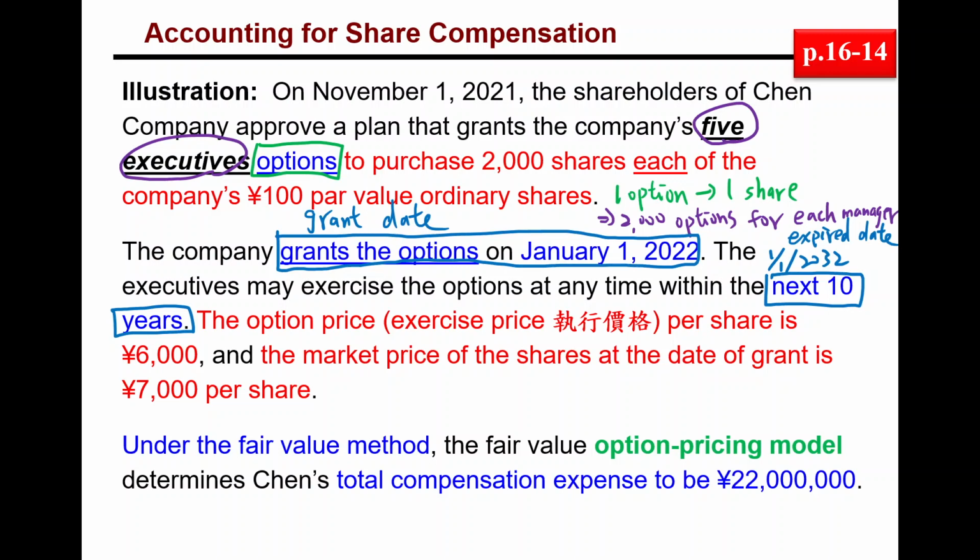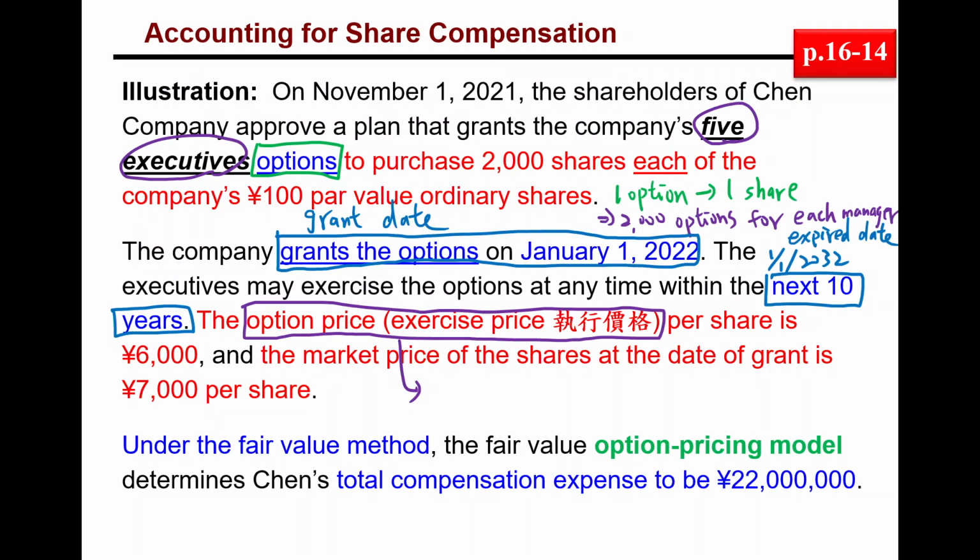Okay? Option price, exercise price, 执行价格. Remember what it means? The exercise price is the money employees have to pay, the additional payment. How much do they have to pay? $6,000 to buy one share, right?